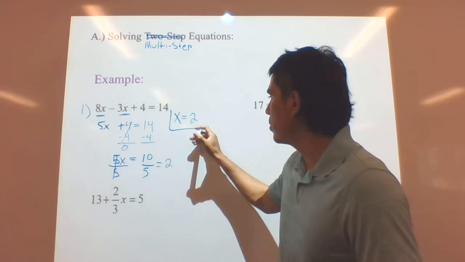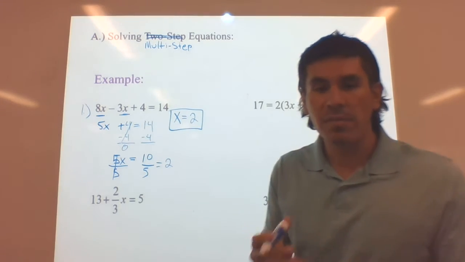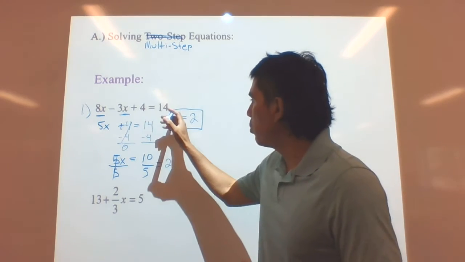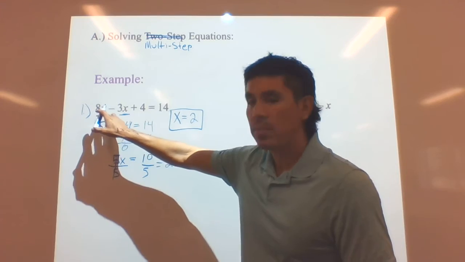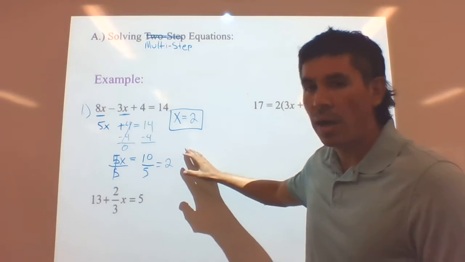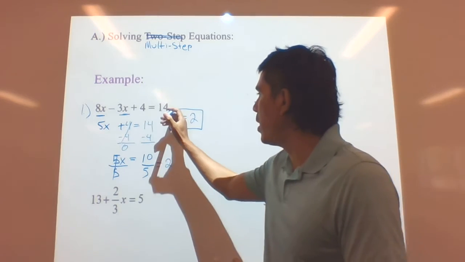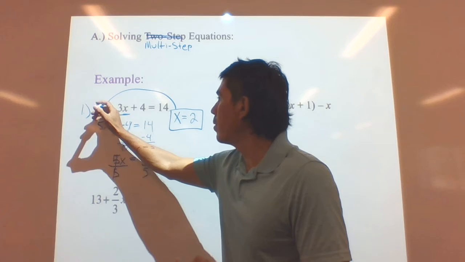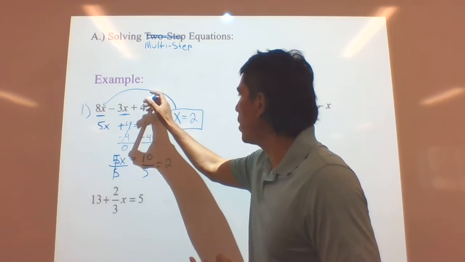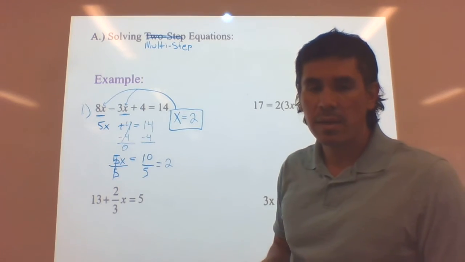Now, this is your answer. Okay? What you can do to check if you got the right answer, x equals 2, is you can plug in your x value over here. So what I would have you do in our notes is to check and see if this is true, is you would plug in your x value there, and then your x value in there, okay?